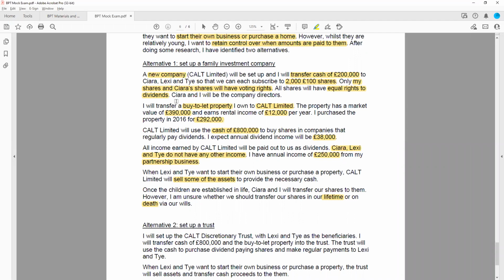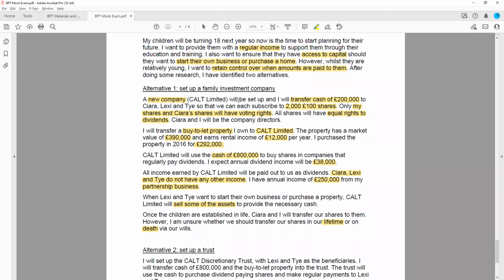As I've said before, it's quite easy to read all that and be completely overwhelmed and start thinking, well, I think I know something about lifetime transfers and death transfers, but I haven't seen this type of asset before, or it's complicated because there's a company involved. But just always start with the basics, take it one transaction at a time, and think of all of the relevant taxes as we go through.